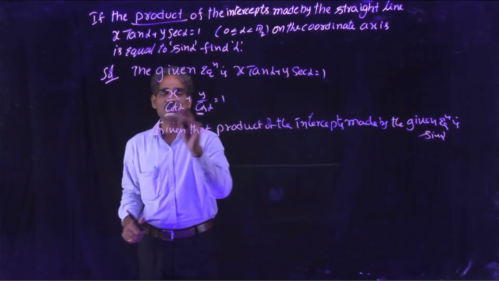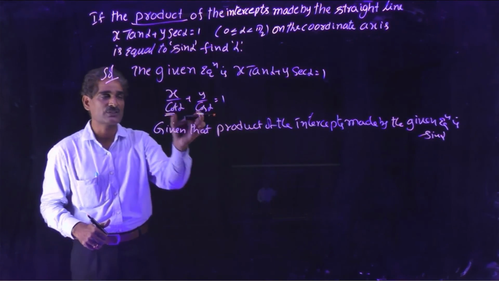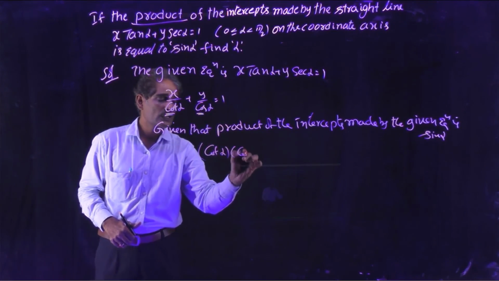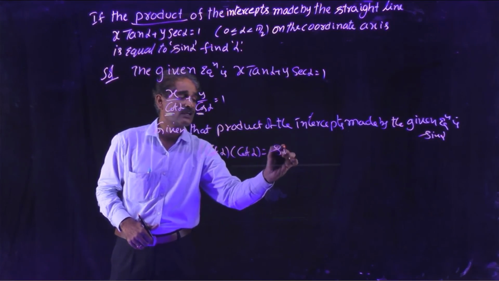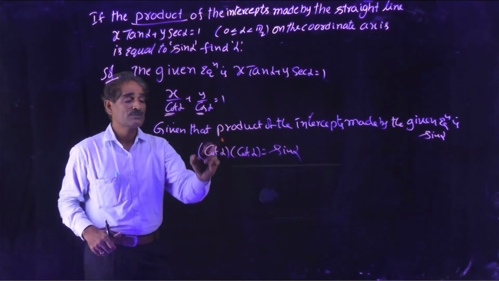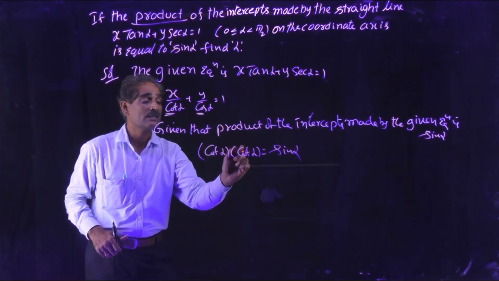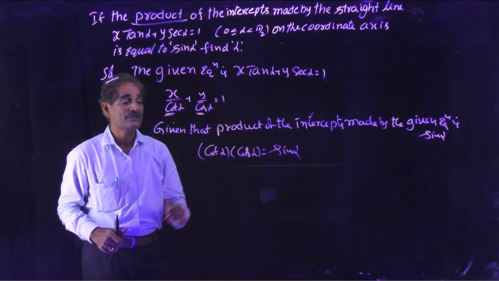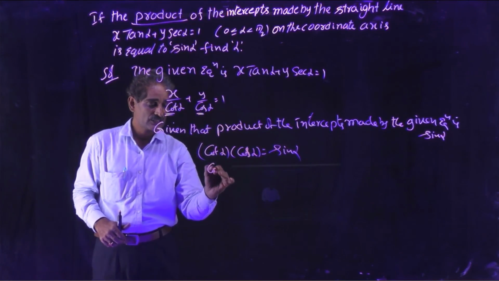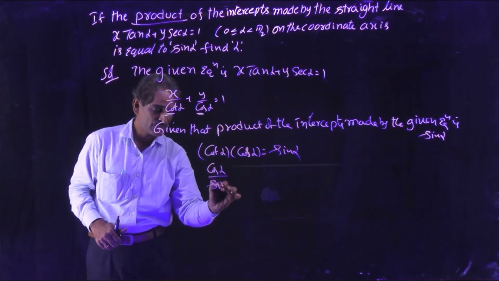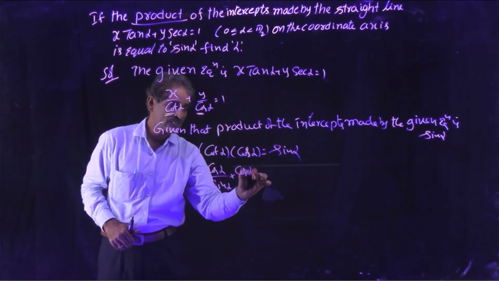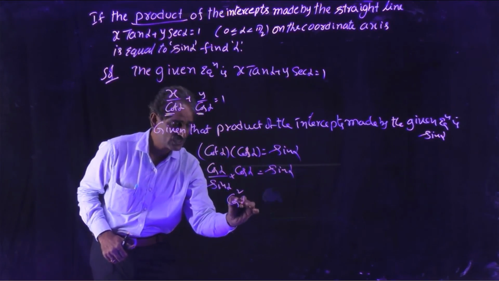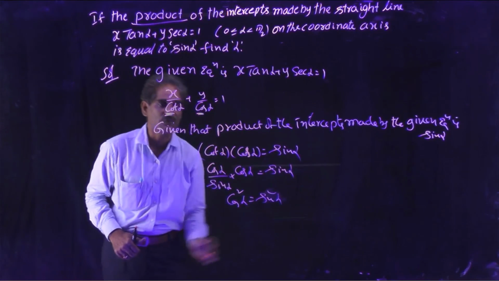Here the x-intercept is cot alpha, and the y-intercept is cos alpha. The product of these intercepts, that means cot alpha into cos alpha, is equal to sin alpha. Cot means cos by sin, so cot alpha into cos alpha equals sin alpha. That means cos alpha by sin alpha into cos alpha is equal to sin alpha. That means cos square alpha is equal to sin square alpha. Okay.